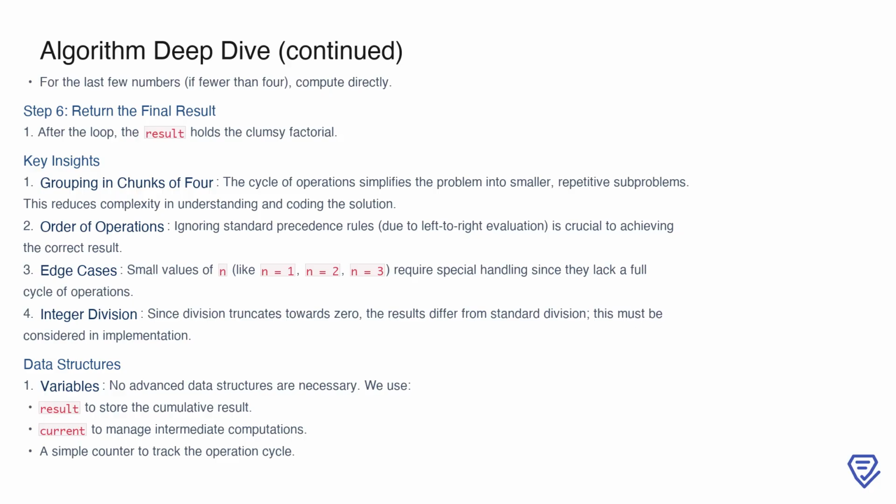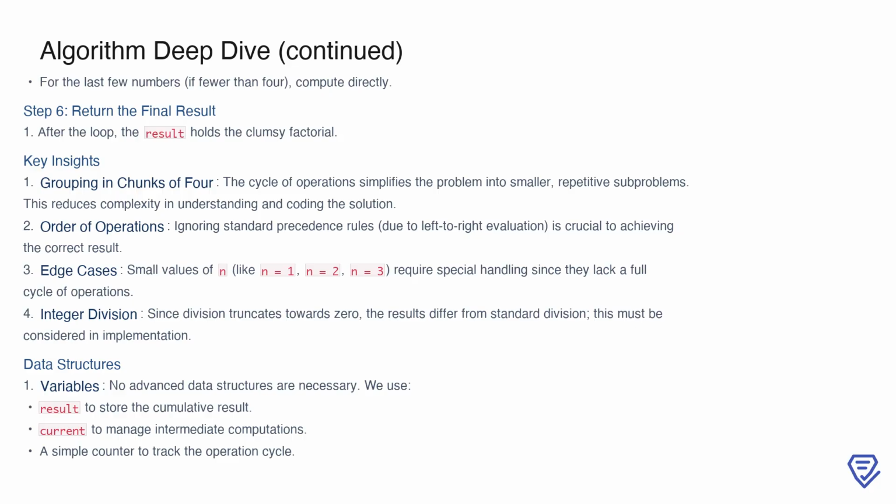Recognizing the repetitive nature of the operation cycle is key here, as grouping the problem into chunks of 4 allows us to focus on smaller, predictable subproblems. Another critical insight is that the left-to-right order of operations is a departure from standard arithmetic rules, so we must take care not to apply precedence incorrectly.